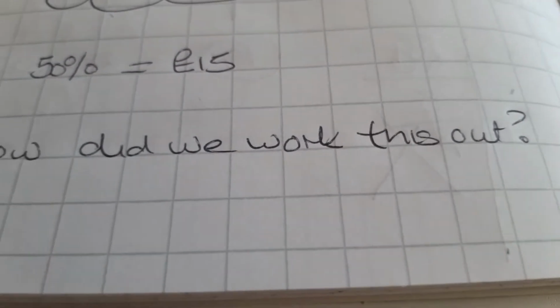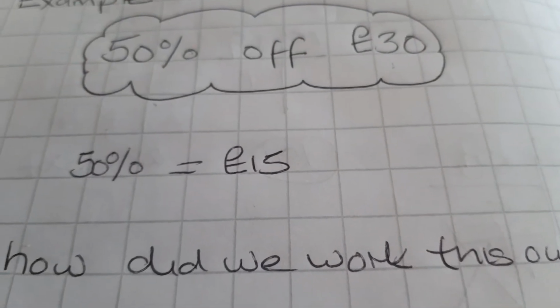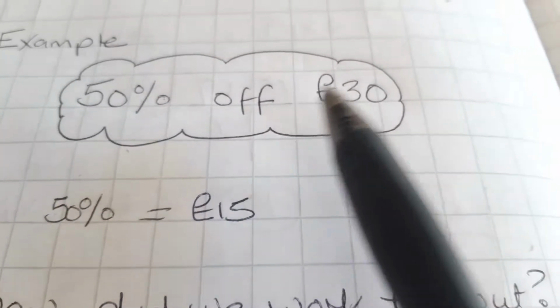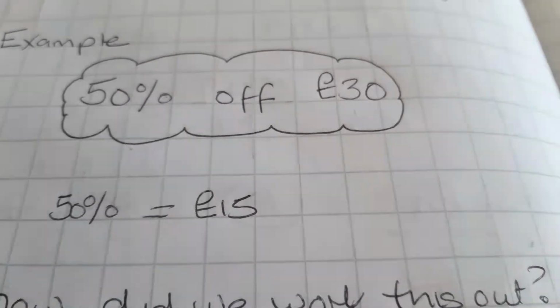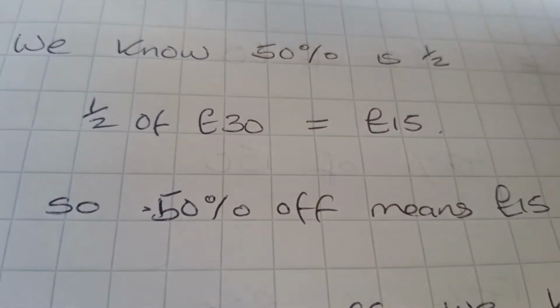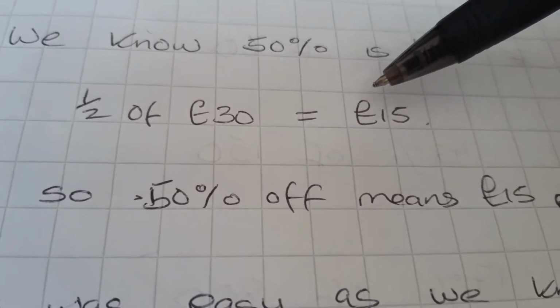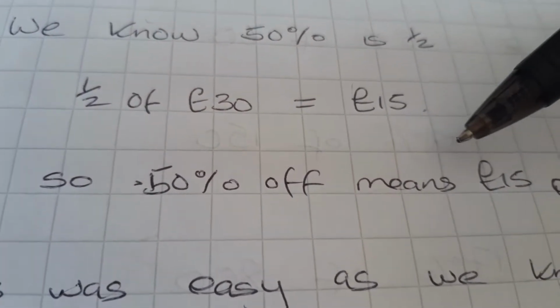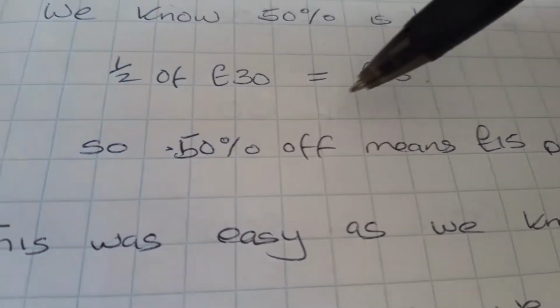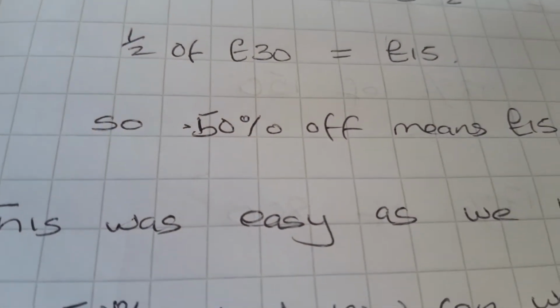Well, we worked it out because we know that 50% is half. So half of £30 is £15. If we know that 50% is half, we work out half of £30, we get £15. You're getting £15 off the price of the coat, and the coat's going to cost £15.